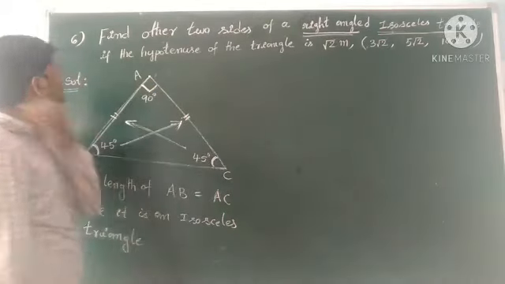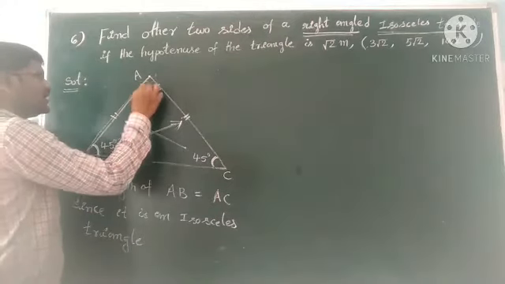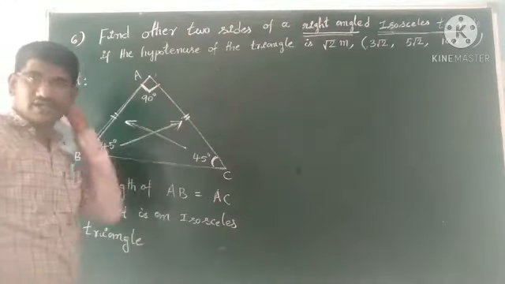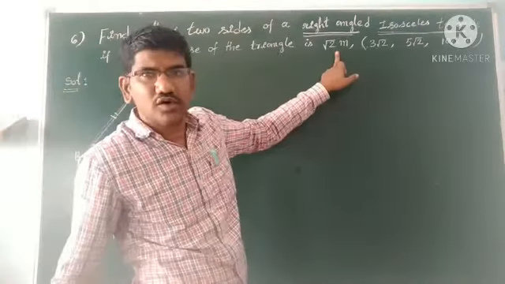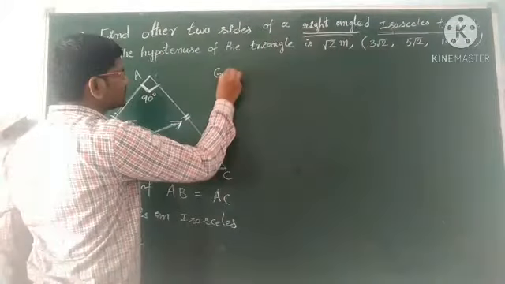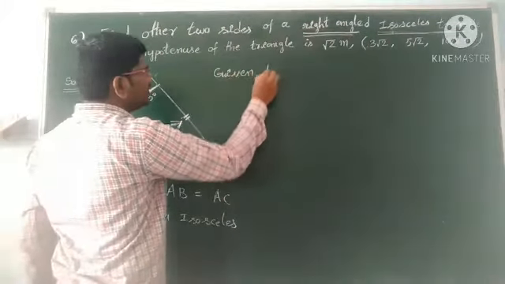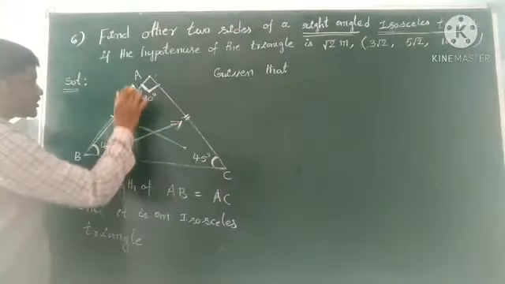Okay students, he is only telling that one angle is a right angle. This is 90 degrees, I have taken. And the hypotenuse of the triangle is root 2 meters, he has given. So given that the hypotenuse length is, what students?